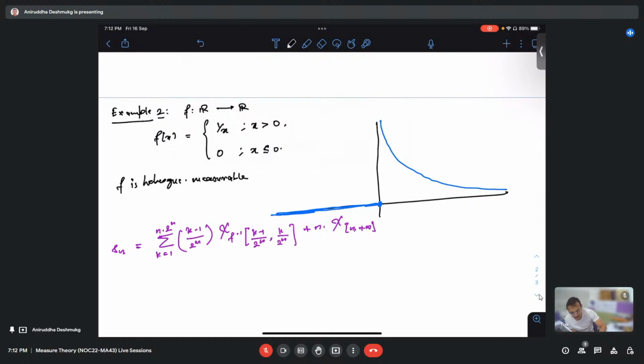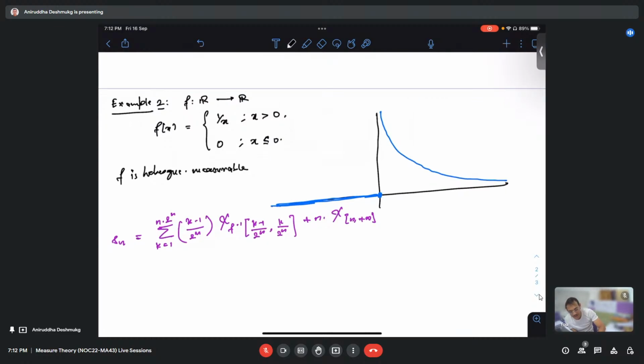So if we recall, what we used to do was, we divided this codomain 0 to infinity into smaller intervals, and we looked at the pre-image of those intervals, and on that pre-image we kept the lowest value.